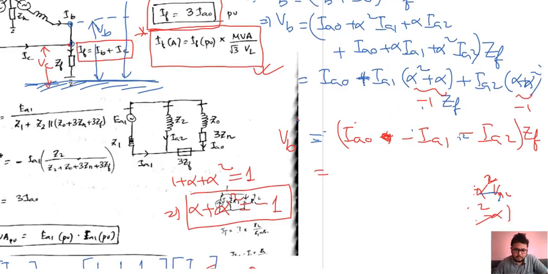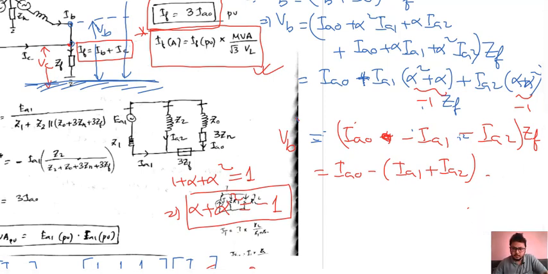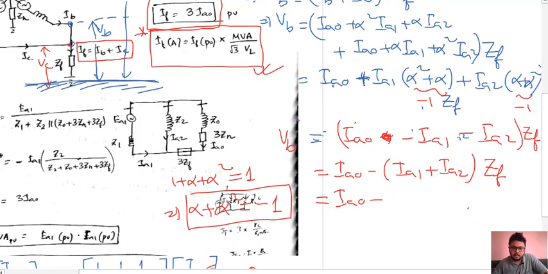So VB, what you can write, Ia naught and minus common, (Ia1 plus Ia2), whole into ZF. Now see, Ia1 plus Ia2, and here Ia naught, how many?